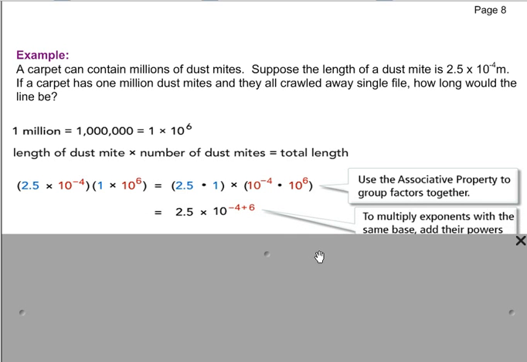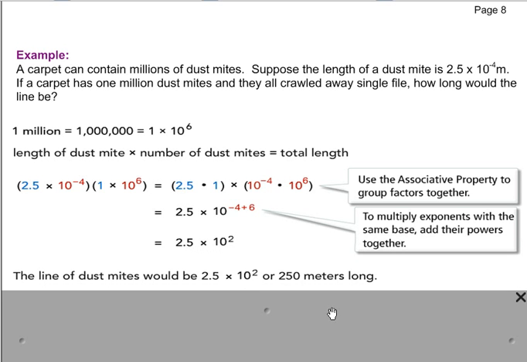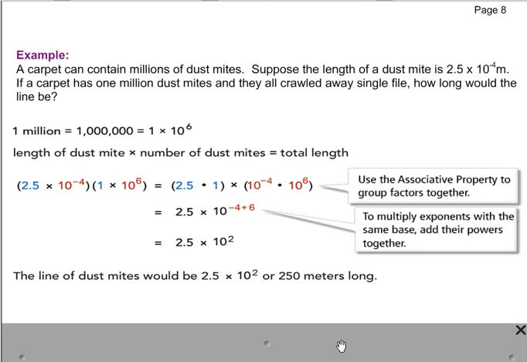We're going to use the associative property, and then we're going to combine the first factors, get 2.5, combine the exponents, which are -4 and +6, and come out with a +2. So the answer is 2 5/10 times 10 to the second power. That's how long it will be.